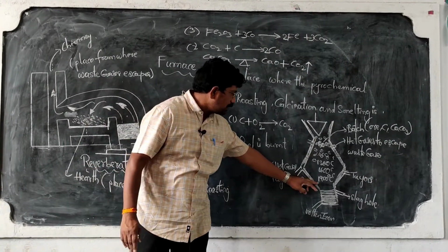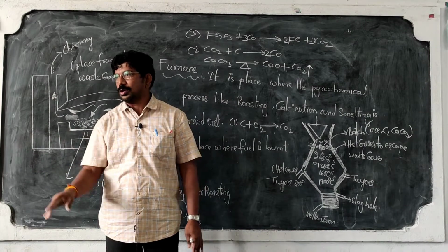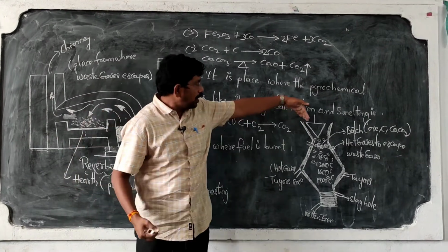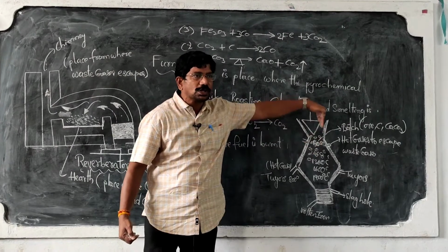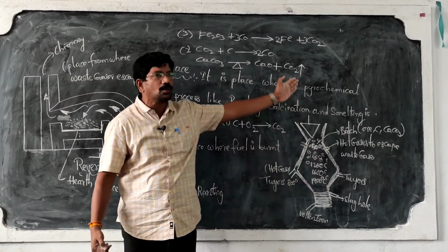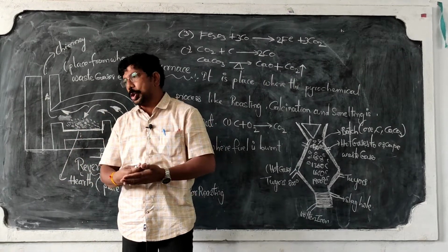Here if you observe this carefully, there is no separate place to keep the ore. So you are introducing the ore from the cup and cone arrangement. The ore is coming down and the hot gases are moving up. As they are moving up, they are reacting with coke.